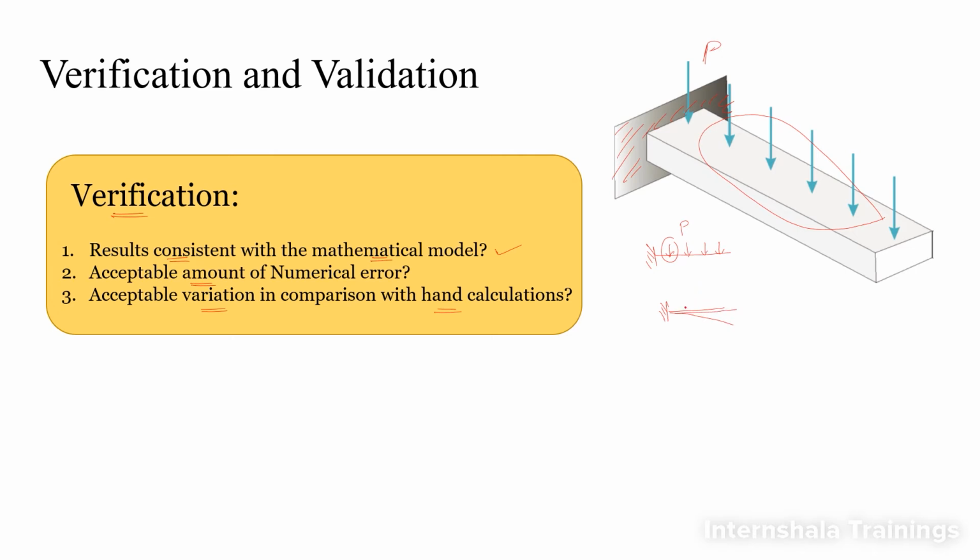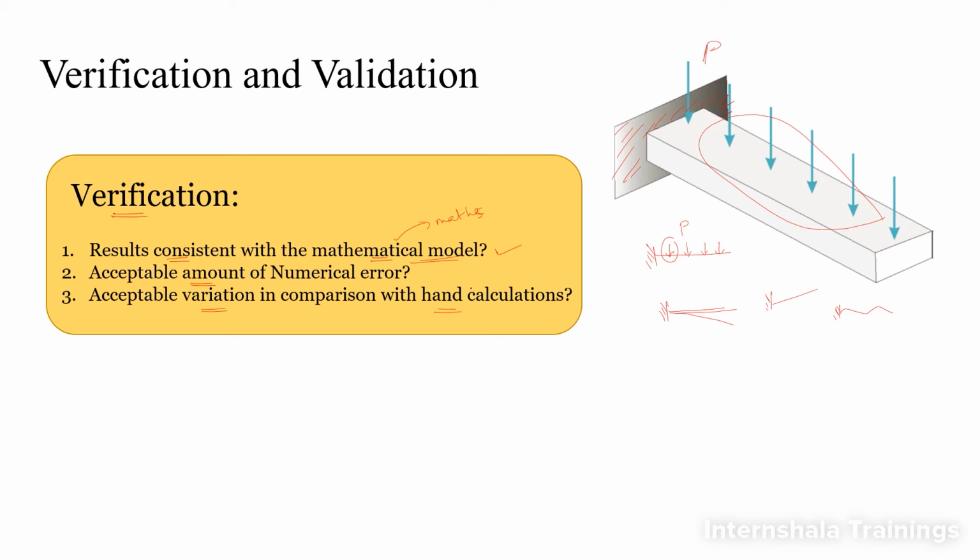But let us suppose after solving the problem we got exactly the opposite. Let us say it is bending like this, or otherwise it is bending in a somewhat zigzag pattern like this. We can easily say that the results we got are not consistent with the mathematical model we are applying.